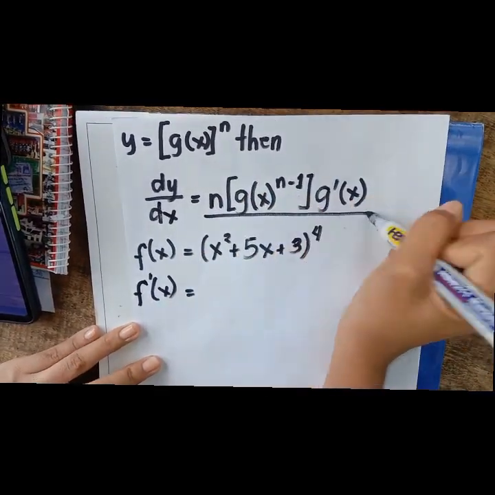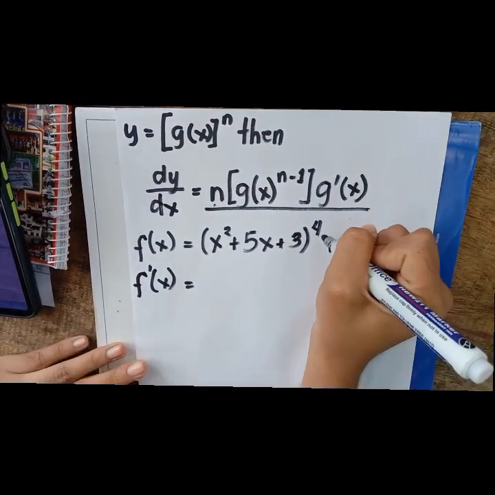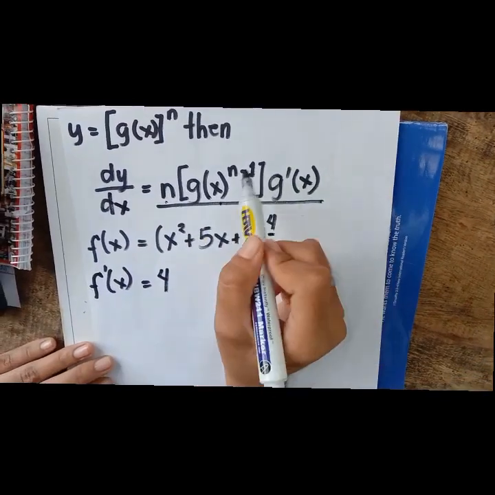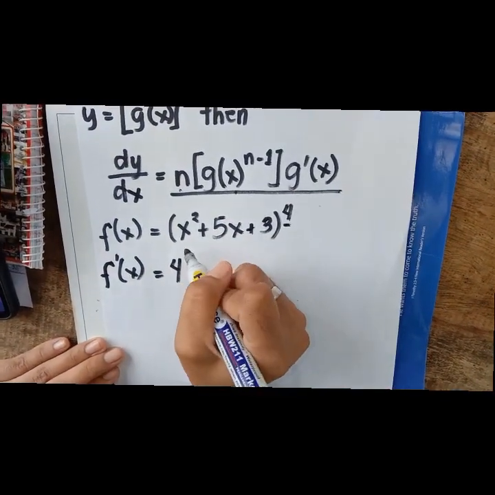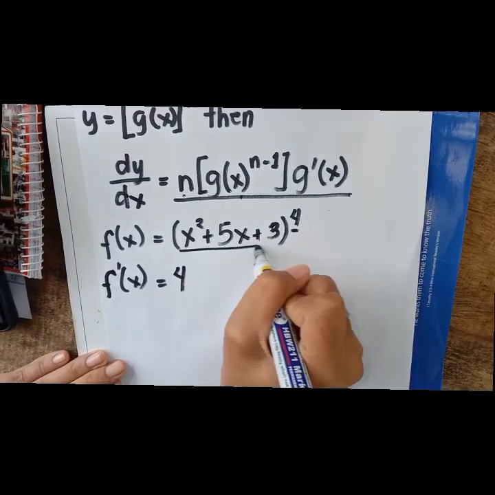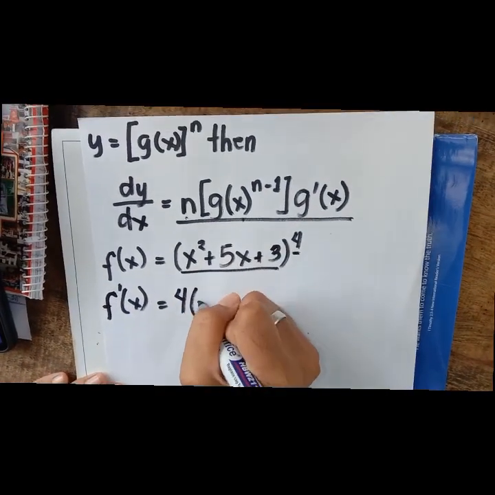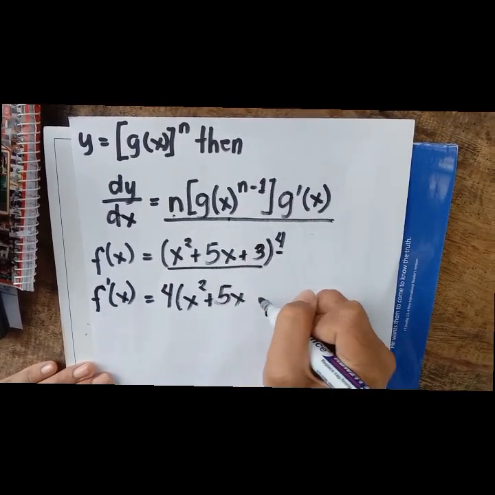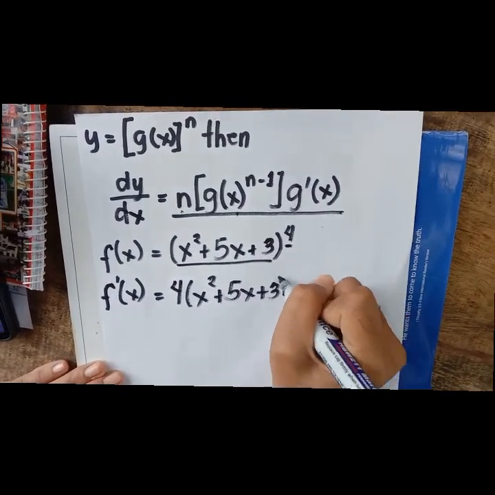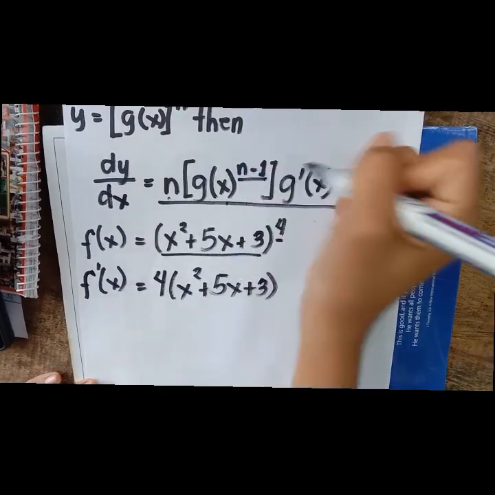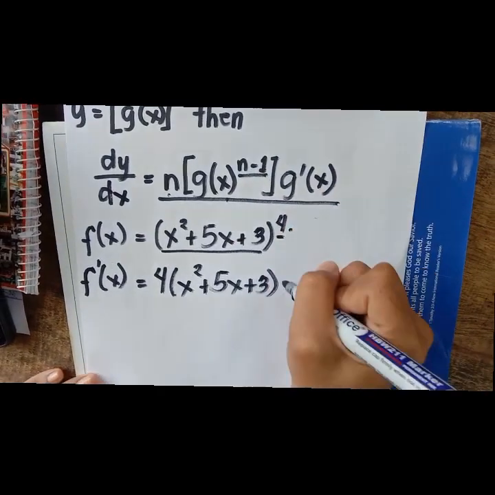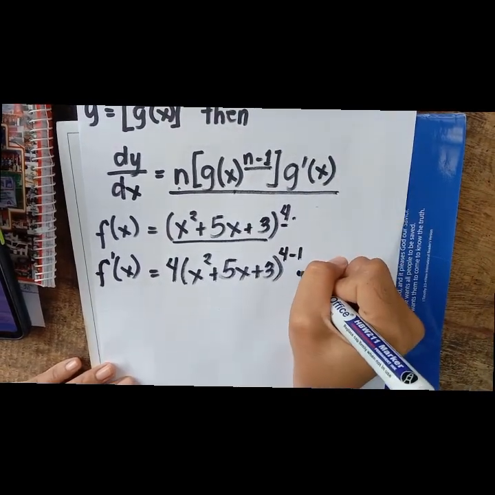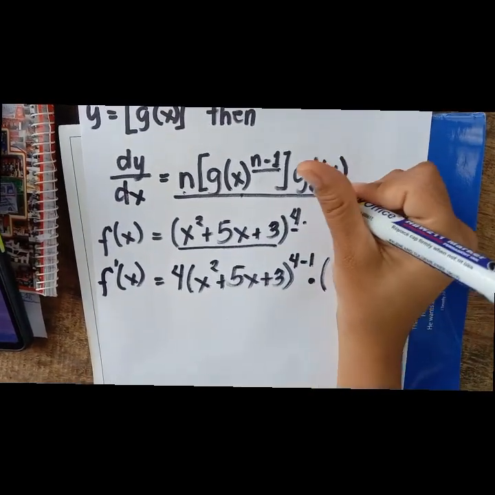Follow this formula, our n will be the exponent 4 times the g of x raised to n minus 1, which is our equation x squared plus 5x plus 3. Then, our n minus 1 is 4 less 1, 4 minus 1, times the g prime of x.